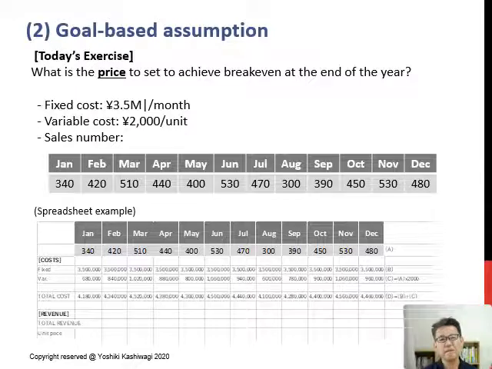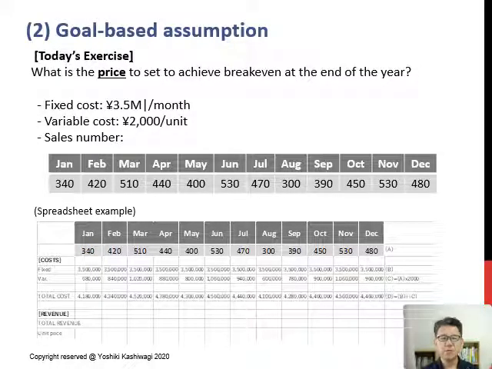And your variable cost is 2,000 yen per unit. And this is a sales number assumption. You have the monthly plan starting from 340 in January, ending with 480 in December.